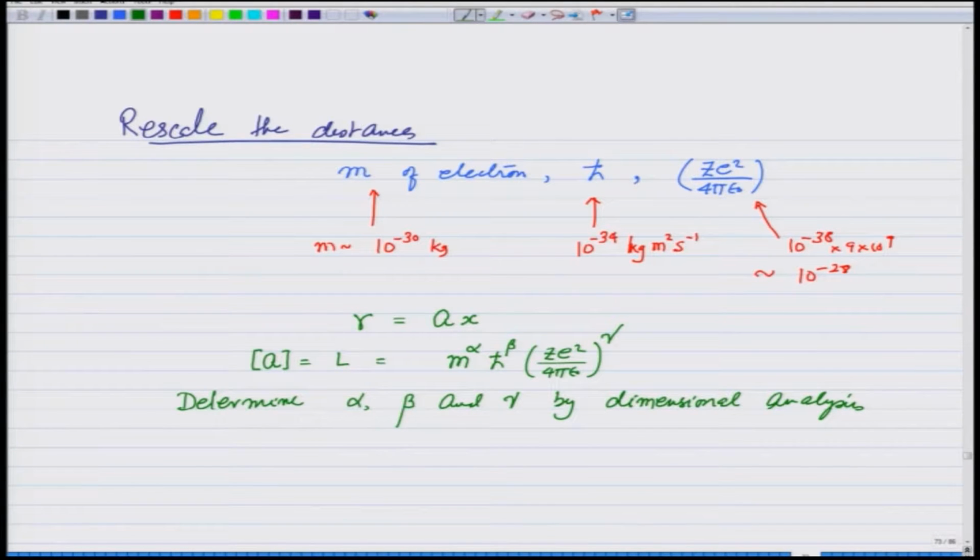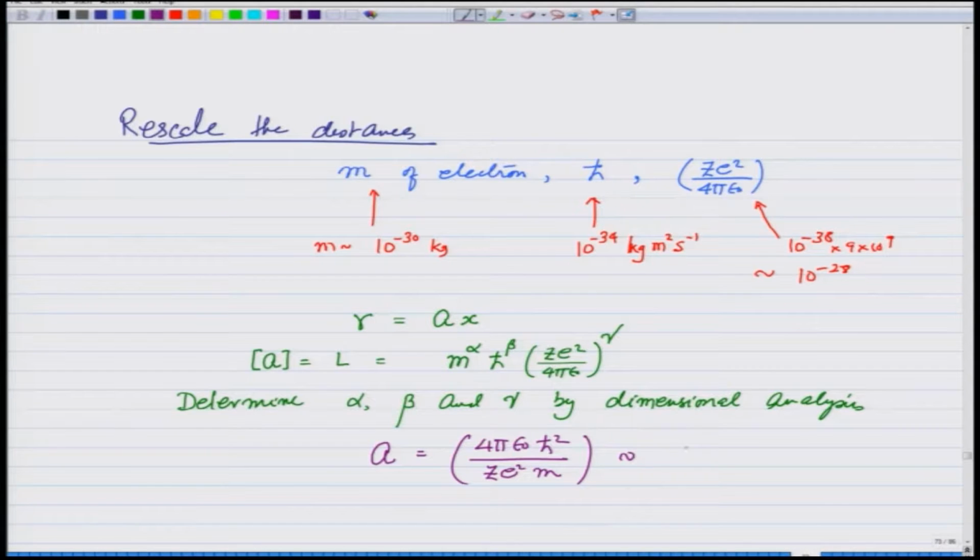You do that, and what you get is that a is going to be equal to 4 pi epsilon 0 h cross square over Z e square m.